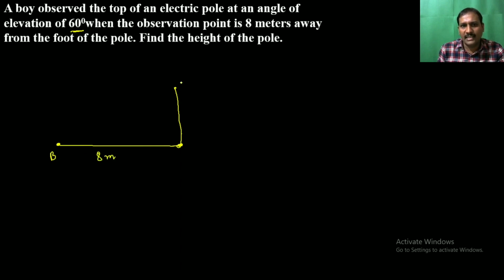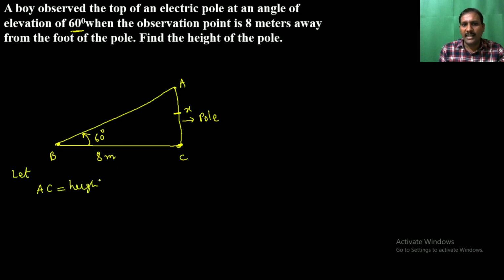Let us say AC is the pole. And from here he is observing, and the angle of elevation is 60 degrees. Now we have to find the height of the pole. Let it be x. So from the diagram I can say that AC, the height of the pole, is equal to x meters.